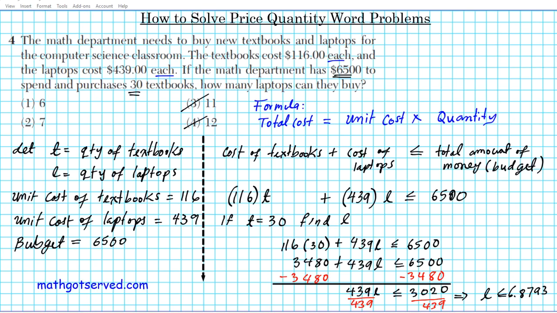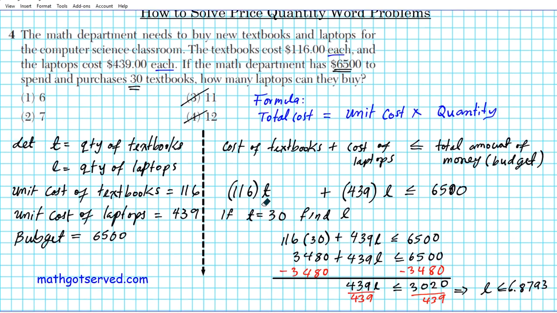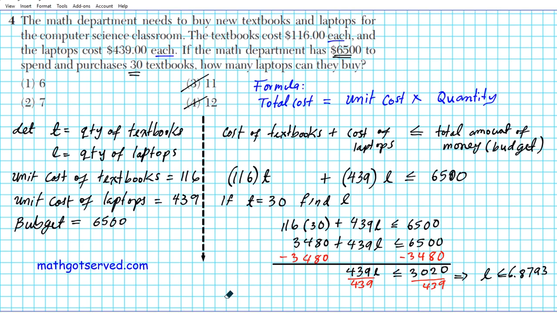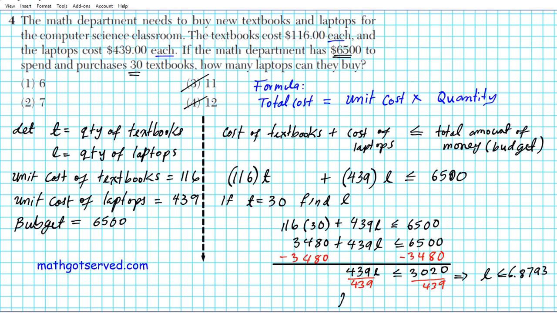Why is that? If you have a budgetary constraint, and you don't have a whole number but a fractional result, you always have to round down. The reason why you round down, so L is equal to 6, is that if you round up, you are going to exceed the budget.